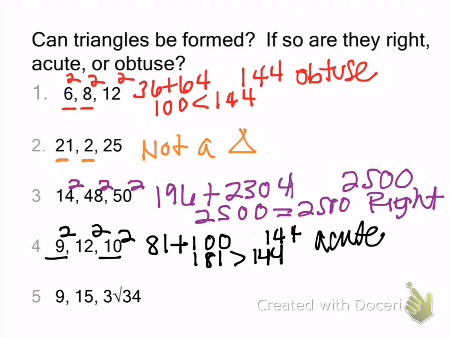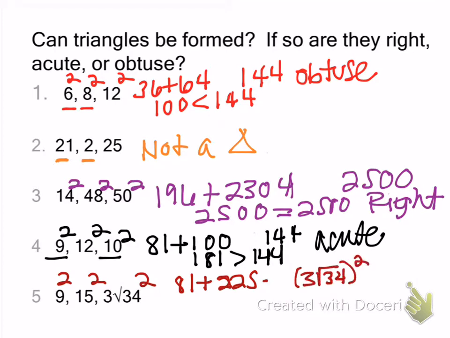And then the last one, we're just bringing in square roots. You do need to check 3 square root of 34 and make sure that is the longest side. When I type that in, it's like 17.49. Is 9 plus 15 bigger than that? Yes. Now I'm going to square these. 9 squared is 81, plus 15 squared is 225. Here's where you've got to be careful. If you type this in the calculator, which you may not have on this part of the test, you've got to put that in parentheses.